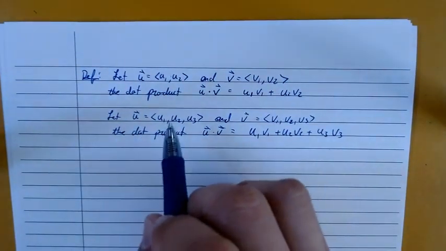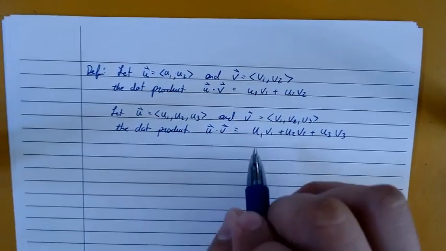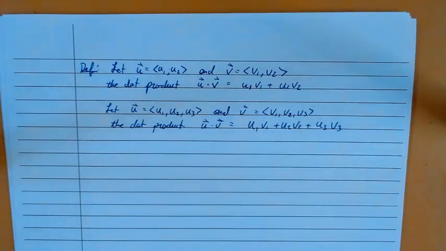If you had a vector in four dimensions, 5, 6, 7, 8, 9, 10, whatever, it all works the same way. If you have more components, you're simply adding another term to this sum.